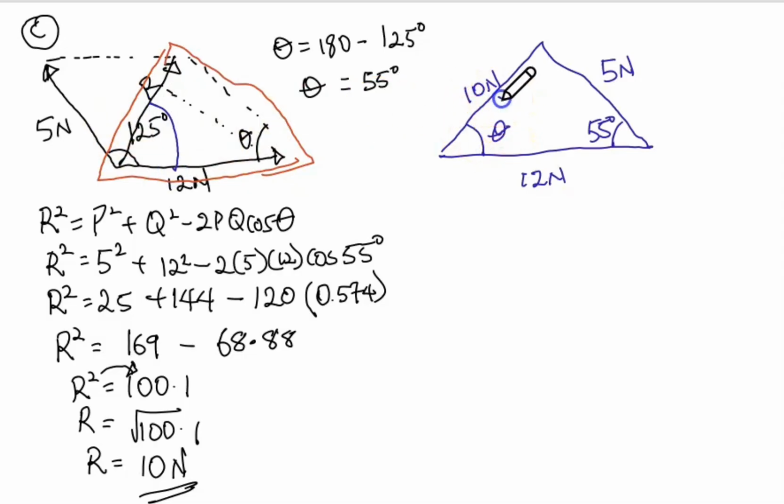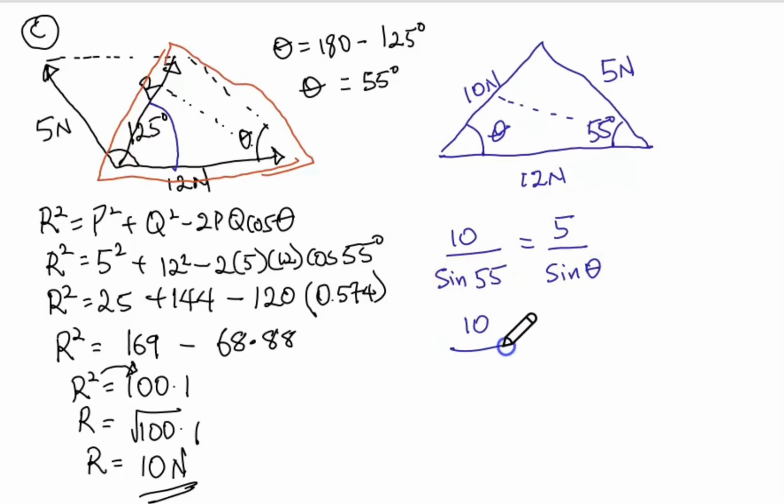Like I said earlier, pair a side that is complete. So by pairing, we are going to have 10 over sine 55 is equal to this side 5 over sine theta. So now we have 10 over sine 55, which will give us 0.819, is equal to 5 over sine theta.